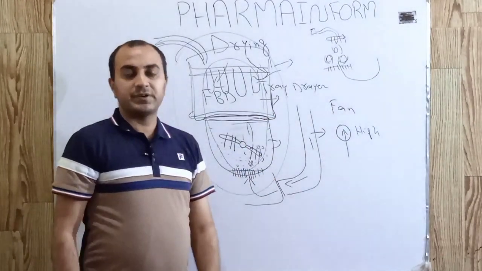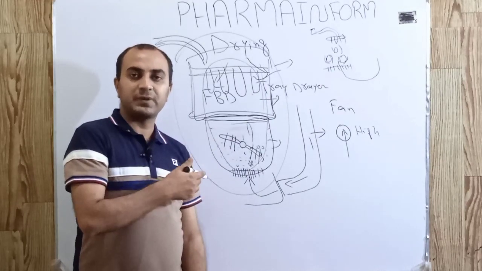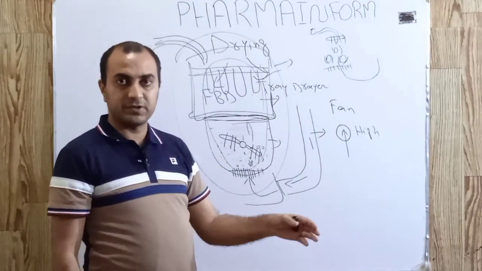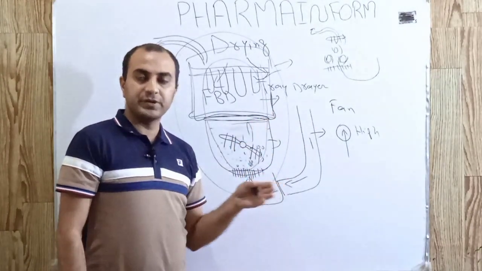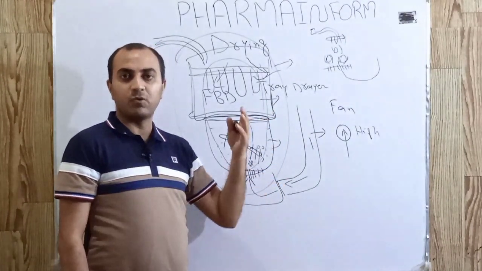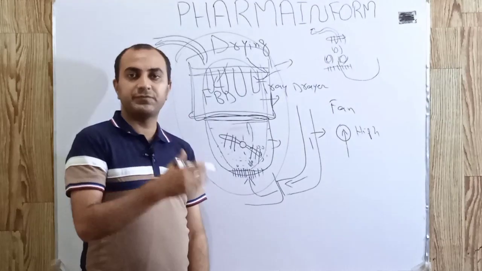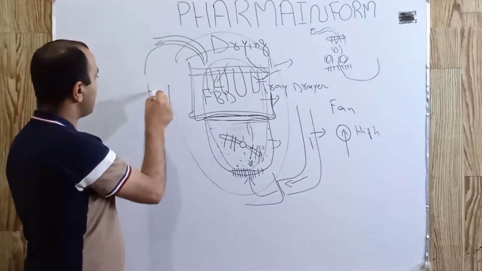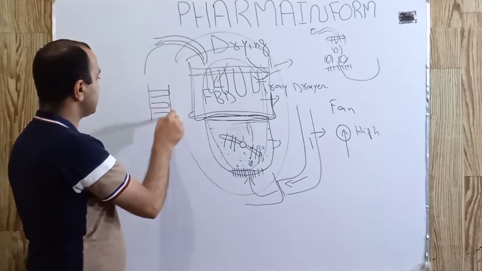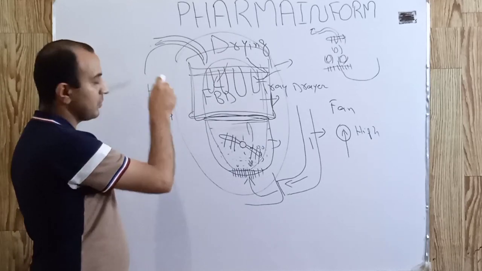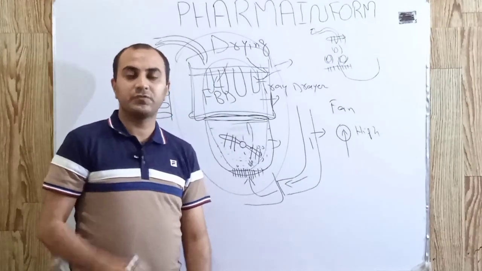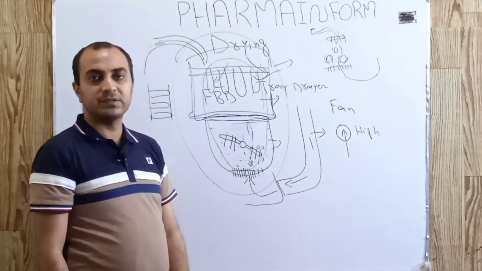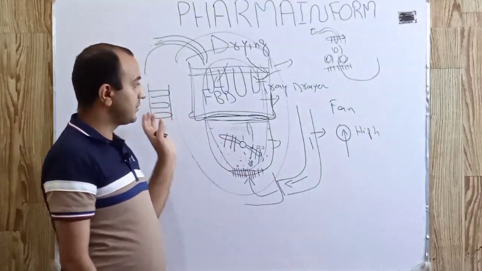When we are using tray dryers, basically the same drying mechanism is used, but the equipment is different. Tray dryers are like a hot oven in which different trays are stacked over each other, and hot air flows over all the trays and the product in the trays is dried.